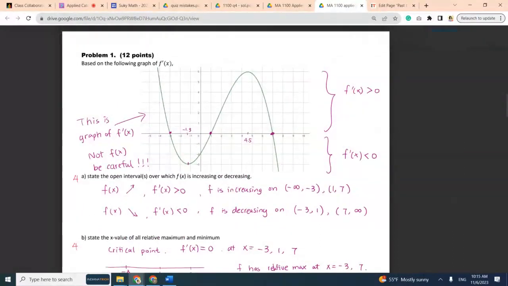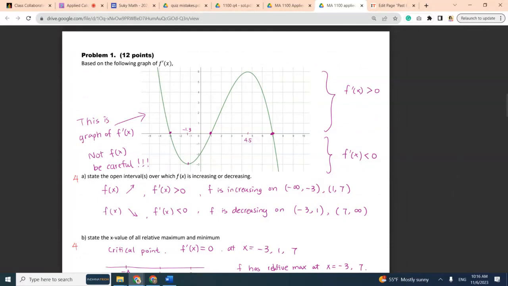So we have this point like negative 1.3 and this point 4.5. Remember, the derivative is the slope of the tangent line. So the second derivative is 0 when f prime has a maximum or minimum, which is those points.